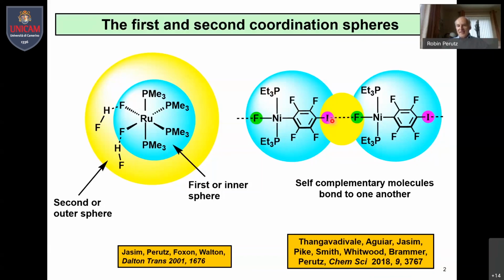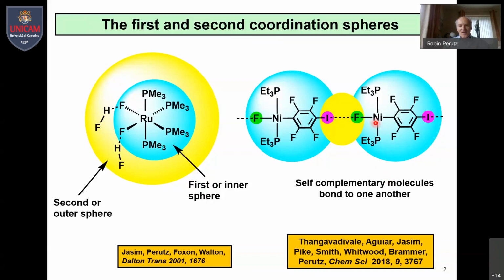And the iodine is perfectly set up to form an interaction with the fluorine from the next molecule. This is called a halogen bond. I'll explain more about them later. So we say that this molecule is self-complementary, so it can interact directly with another of the same molecules.